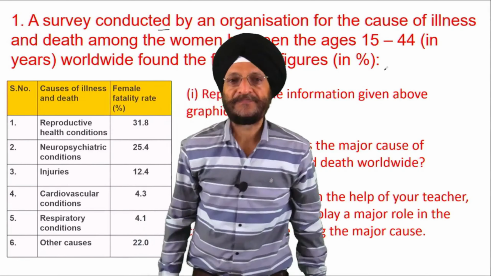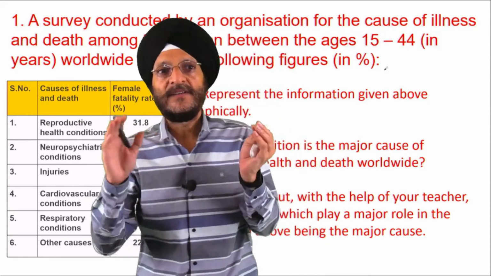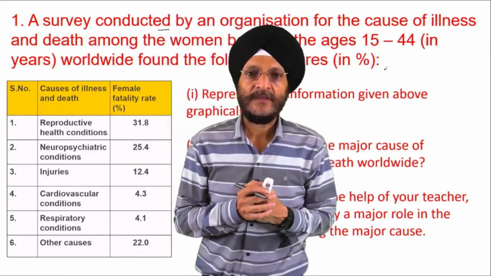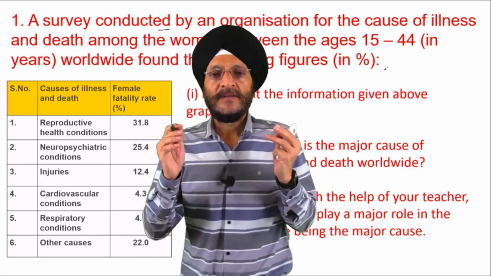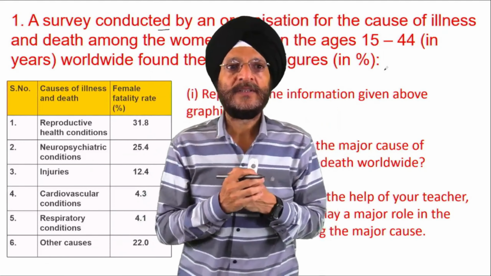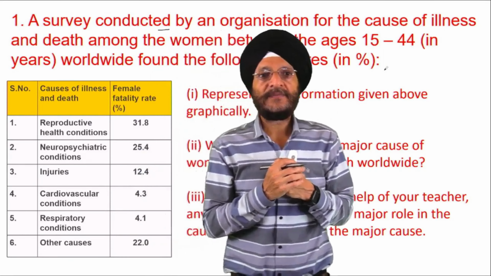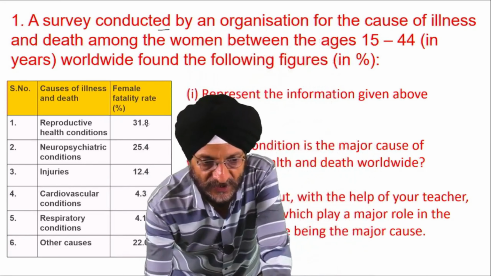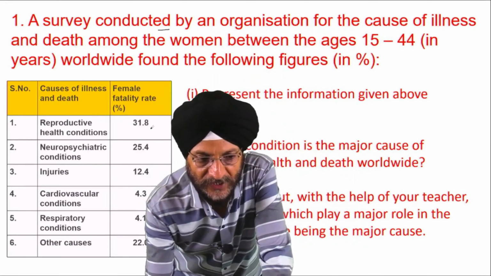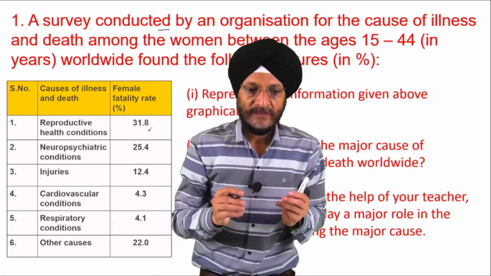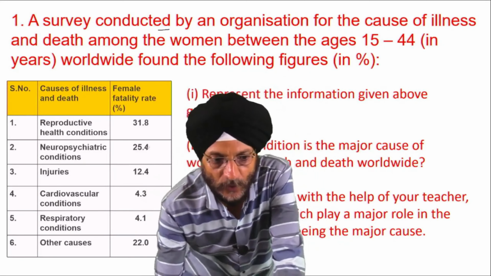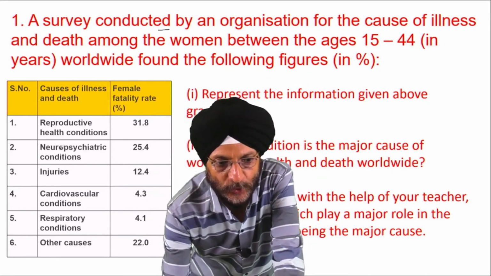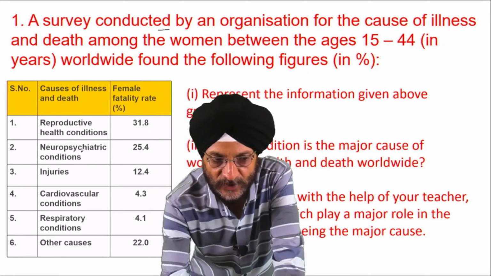It means that a survey was conducted worldwide in which it was found that the female fertility rate due to reproductive health conditions was 31.8 and 25.4% fertility rate was due to neuropsychiatric conditions and so on.